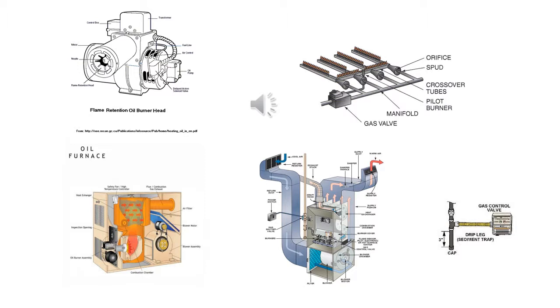If the burner is mounted internally behind an access panel, the way you would be able to tell whether it is an oil-fired appliance or gas-fired appliance is by looking at the fuel line going to the appliance. With a gas-fired appliance, the fuel supply line must have what is called a drip leg. You can see what a drip leg looks like in the picture on the lower right.